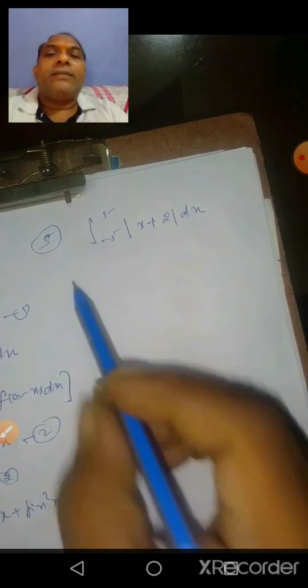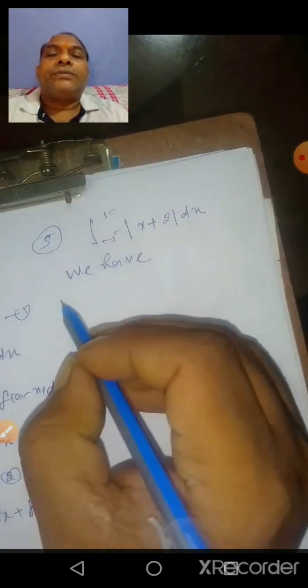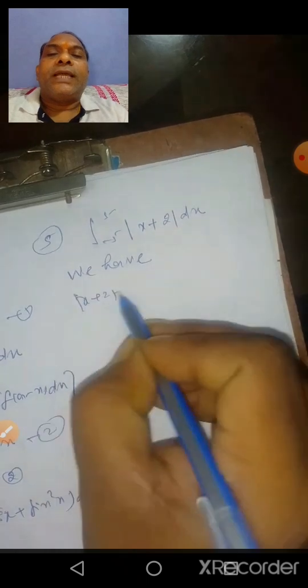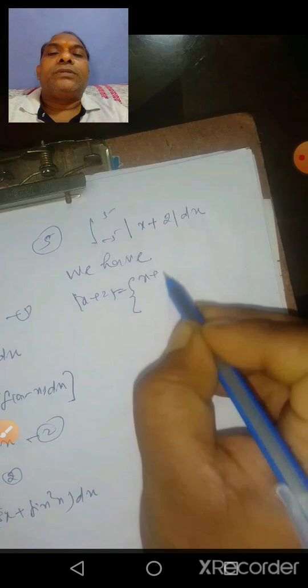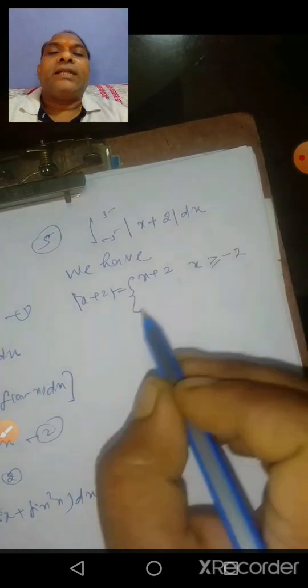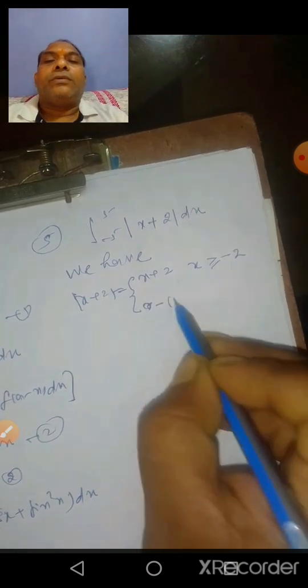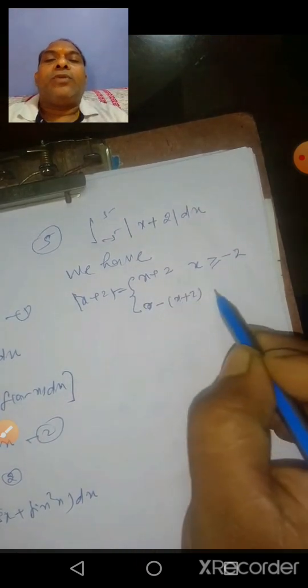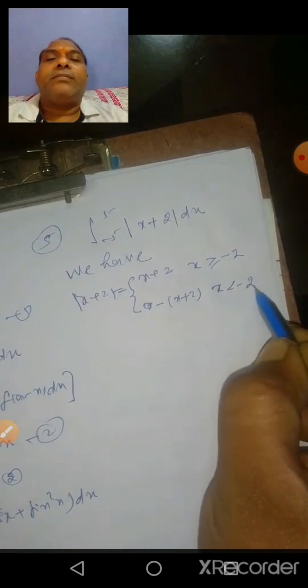Clear? So mod x plus 2 is equal to x plus 2 if x is greater than or equal to minus 2, and this will be equal to minus of x plus 2 if x is less than minus 2.